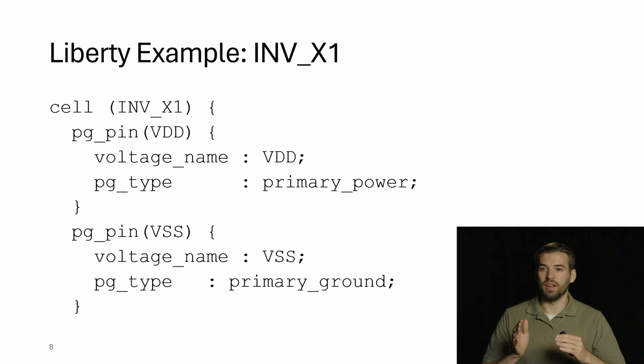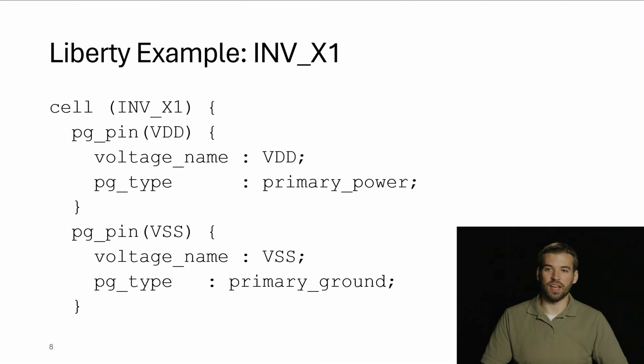So here we have a statement that's called a cell, but in OpenDB terms, this will get translated to a master. So in that case, we have a master inv x1, so this is a x1 strength inverter.